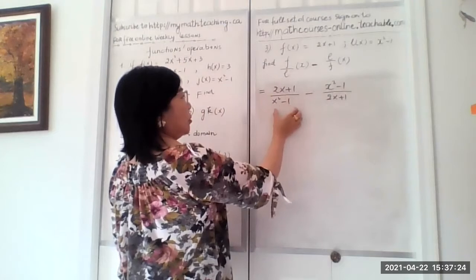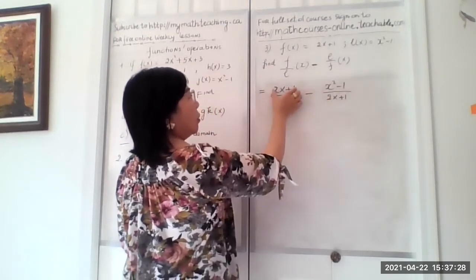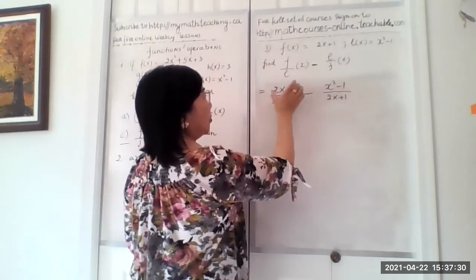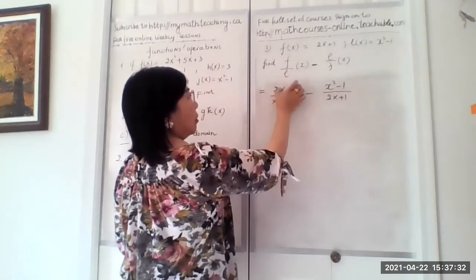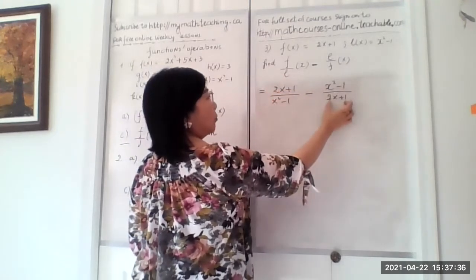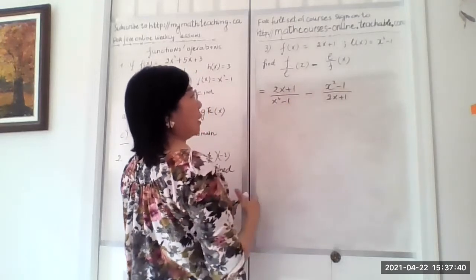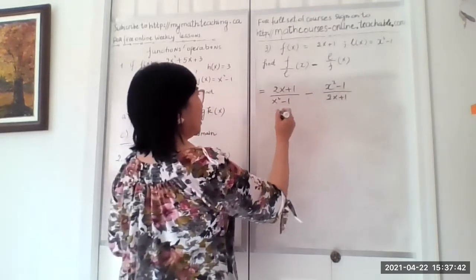For the first fraction, we multiply this one with this one, and on the top we have to do the same. This portion on the top has to be multiplied with this one, as well as down here, to get the common denominator.